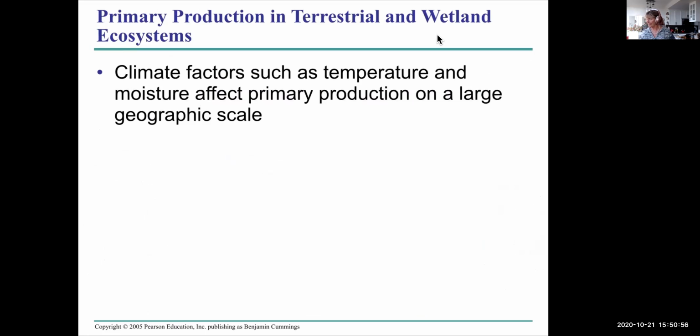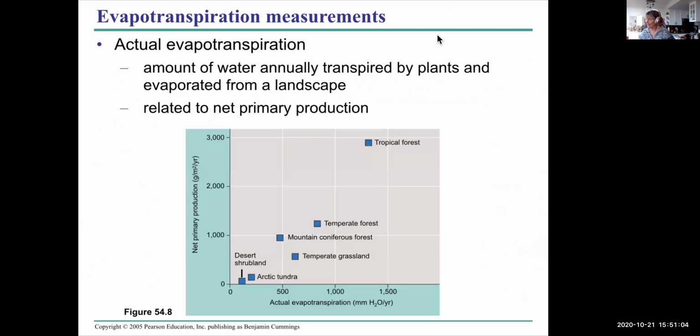I thought that was very interesting. So temperature and moisture affect primary production on a large geographic scale. How do we measure that? By evapotranspiration. We can measure how much water is transpired by plants.